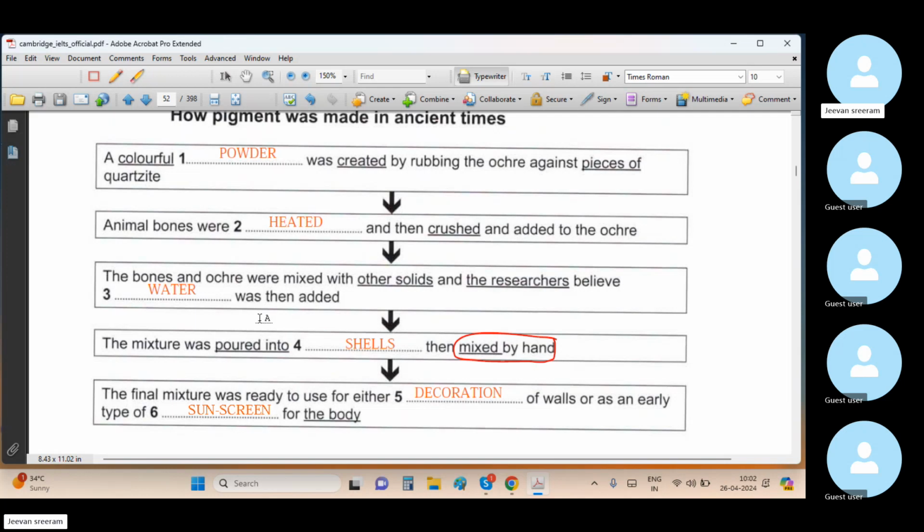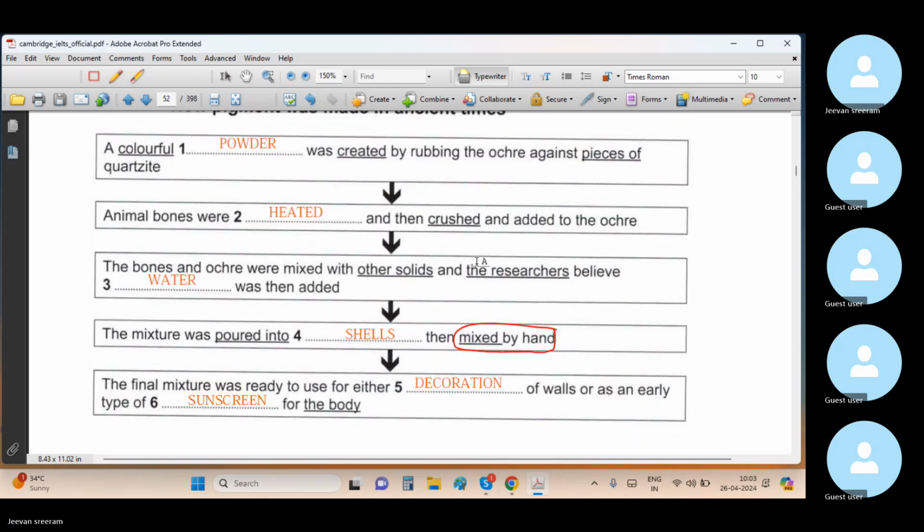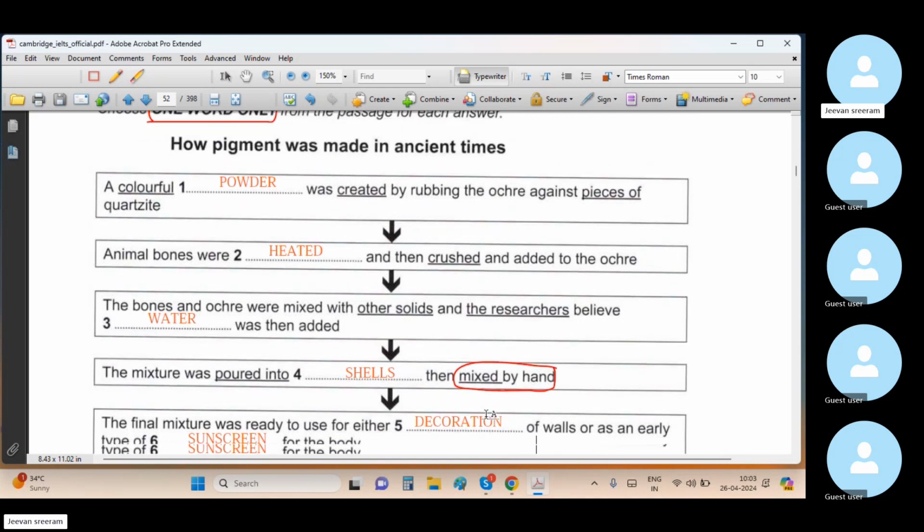If you use a hyphen between two words, the combination becomes a single word. What was given in the passage? Sunscreen like this, no? You should write sunscreen in the same way.